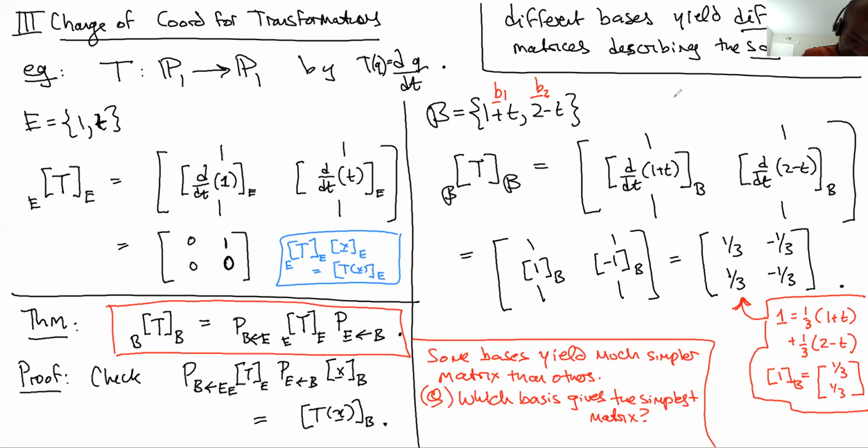The matrix on the right has a completely different meaning. The meaning of this matrix is if you give it the B coordinates of an input vector, then it gives you the output vector in B coordinates, right?